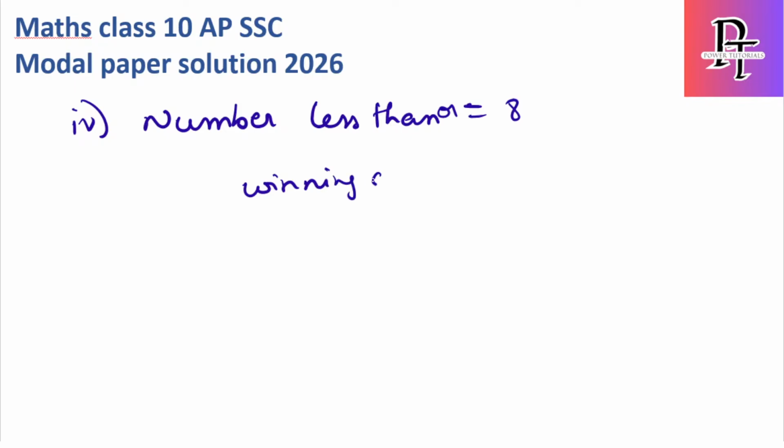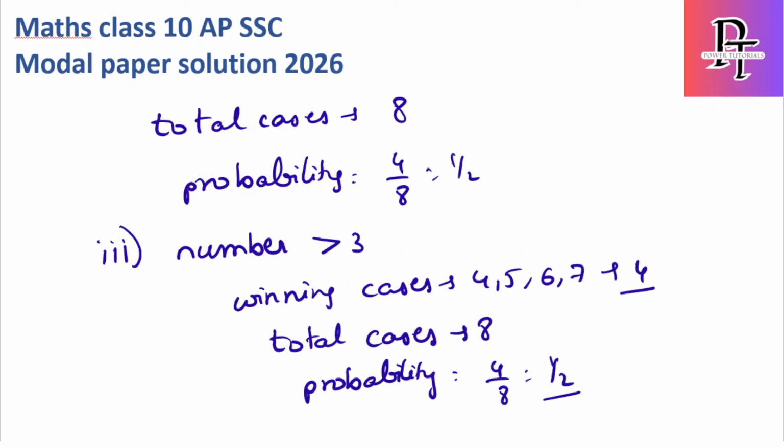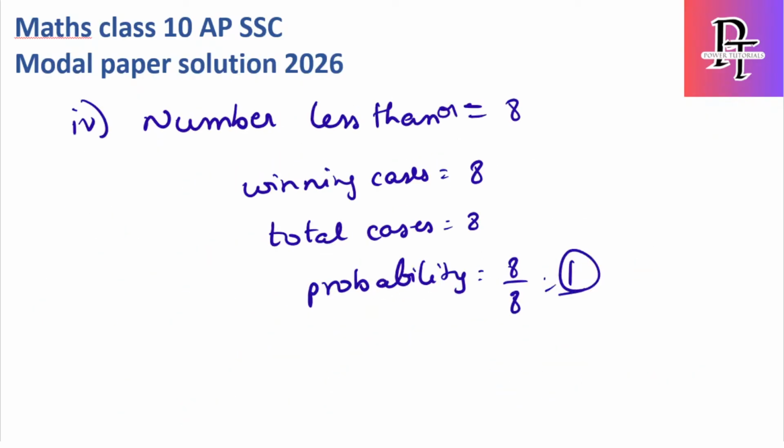Winning cases are 8 and the total cases are also 8. Hence the probability is 8 by 8, which is 1. Okay, so for this the answers are 1 by 8, 1 by 2, 1 by 2 and 1.